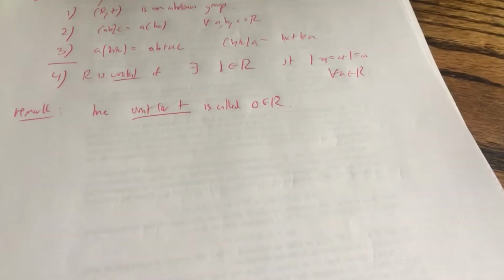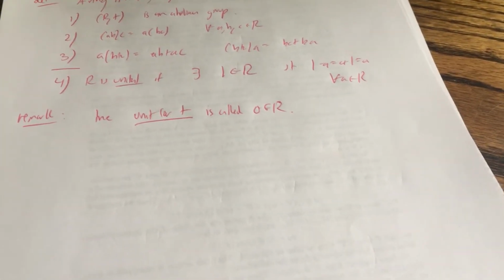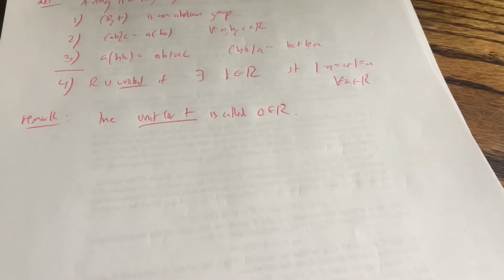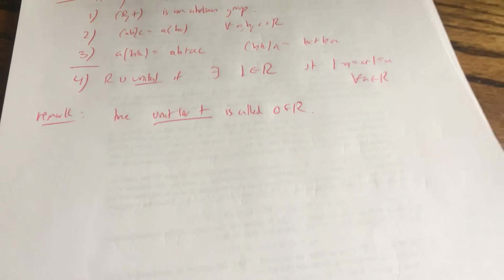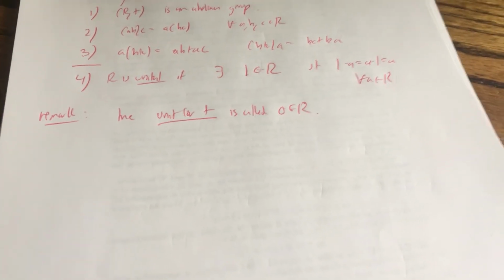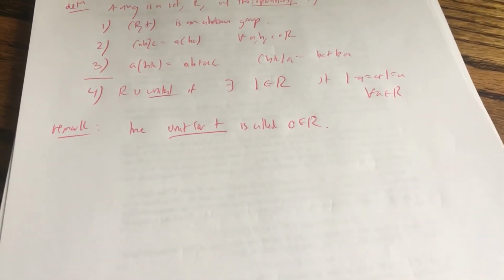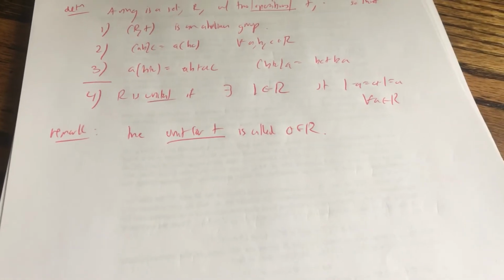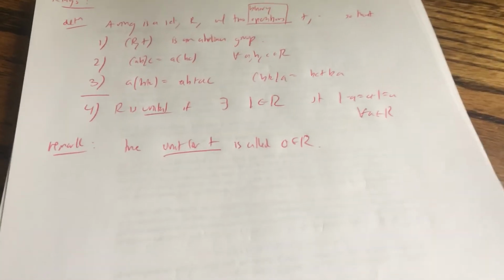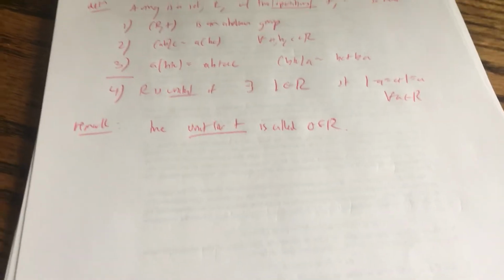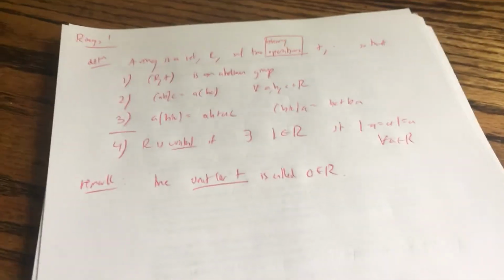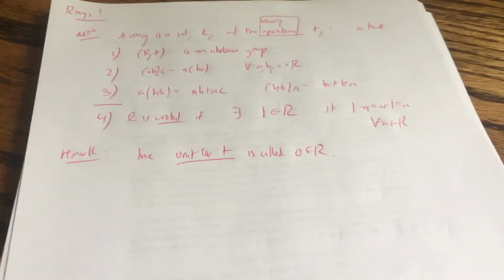Okay, so there are a few easy properties that you can deduce. One useful fact is that it's always possible to multiply by an integer in a ring, right? Because you can take 1 plus 1 plus 1 plus 1.